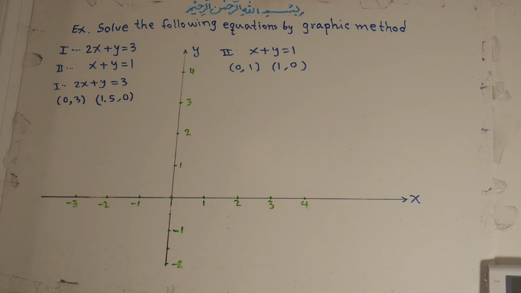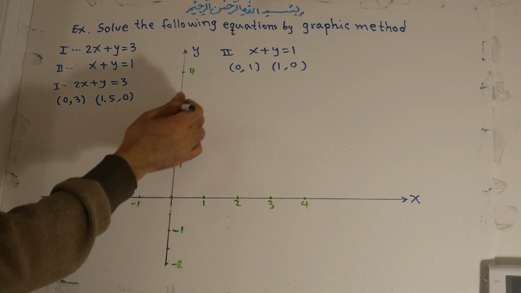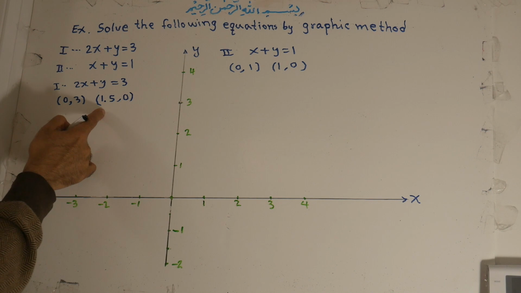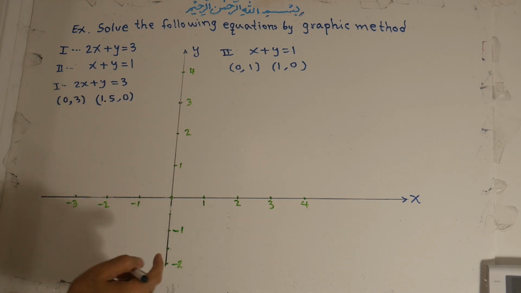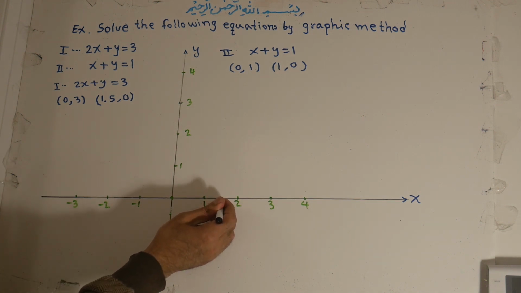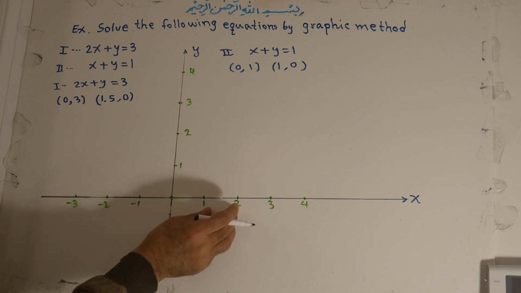Now what we do, we draw the lines for both of these equations. For example, for the first one, x is 0, y is equal to 3. This is the point. If y is 0, x is equal to 1.5, somewhere in the middle between 1 and 2.